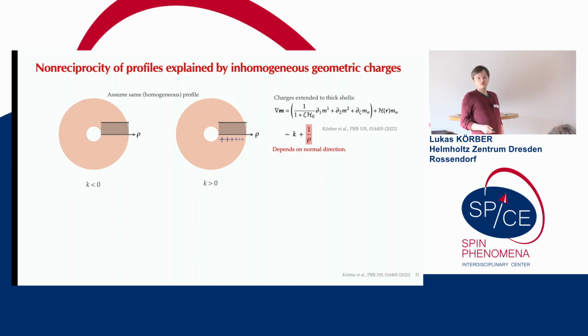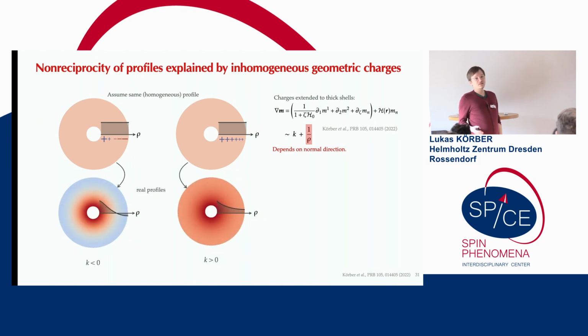But in the other direction, only the component of the wave vector, so the K term changes sign, whereas the other stays positive. And we get a nodal line of the volume charge along the radial direction, where the charge changes sign from positive to negative, which already tells us that these trial profiles cannot really be the real solutions. In fact, the real ones have to be non-reciprocal in one direction. We have to have a nodal line.